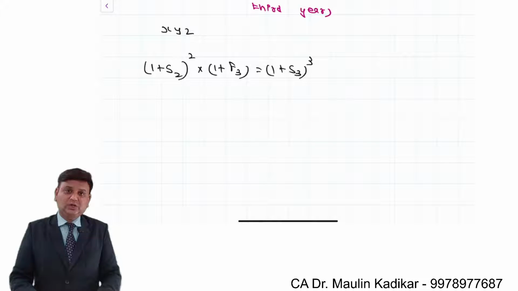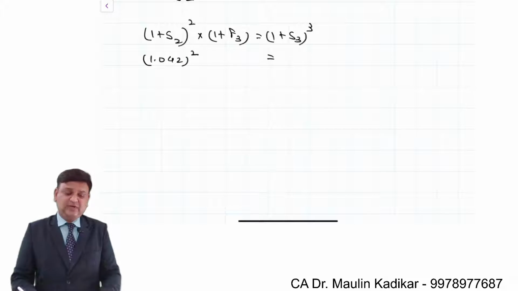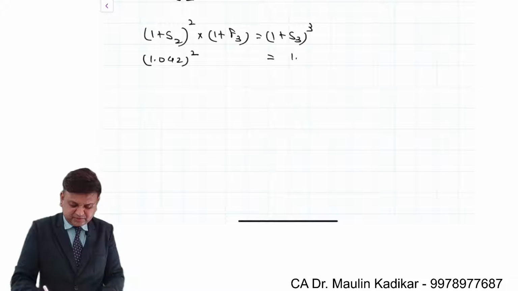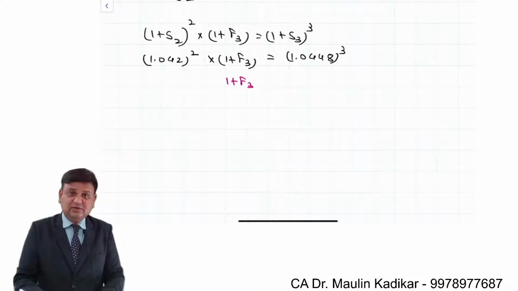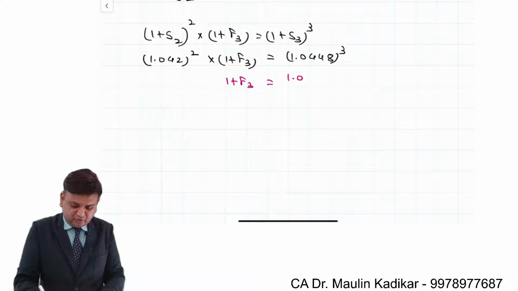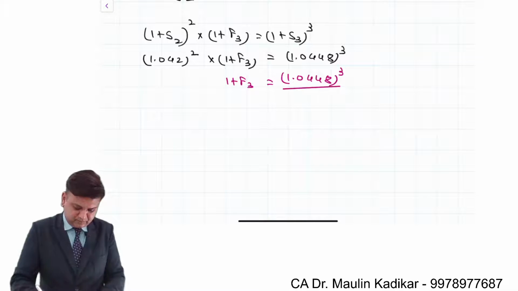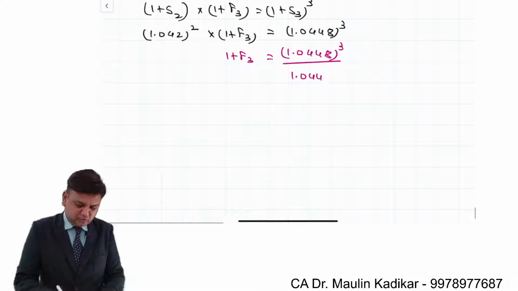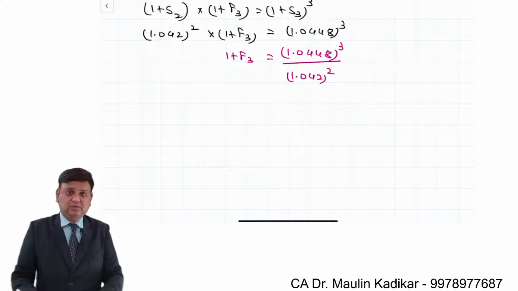For XYZ, the second year spot rate is 4.20%. So 1.042 raised to 2. And spot rate for the third year is 4.48%. So F3 will be found as balancing figure. So 1 plus F3 is equal to 1.0448 raised to 3 upon 1.042 raised to 2.